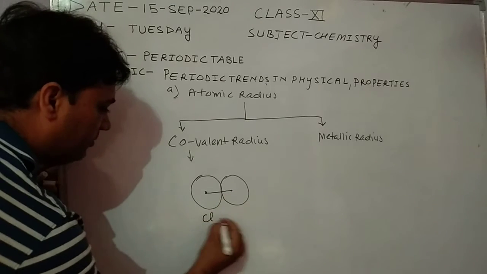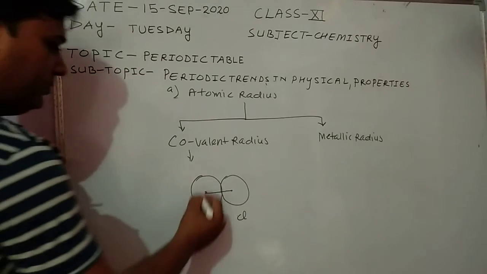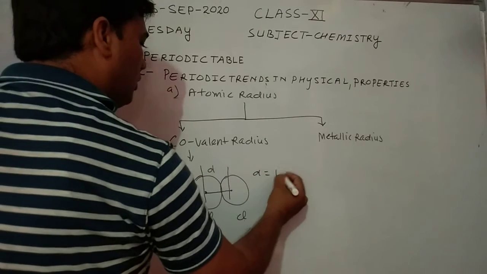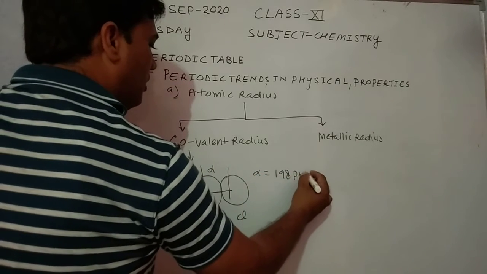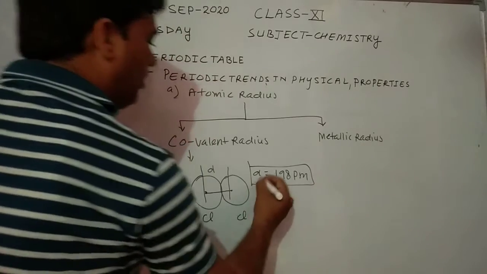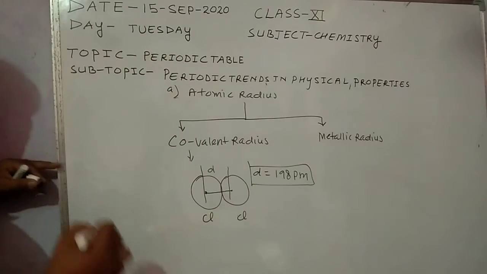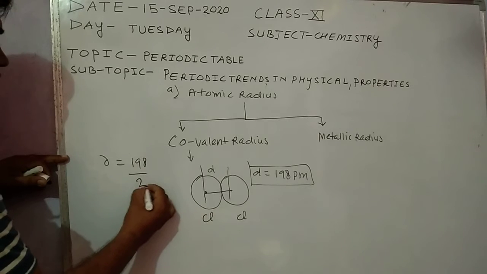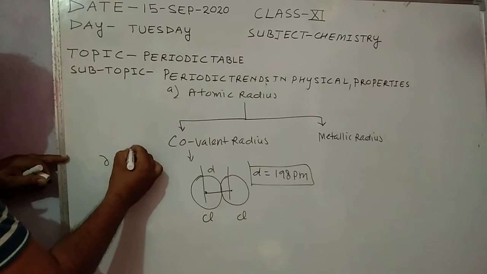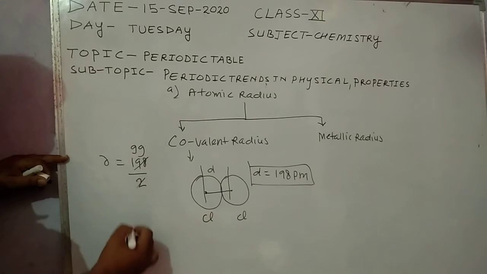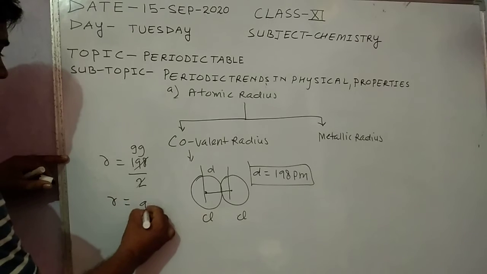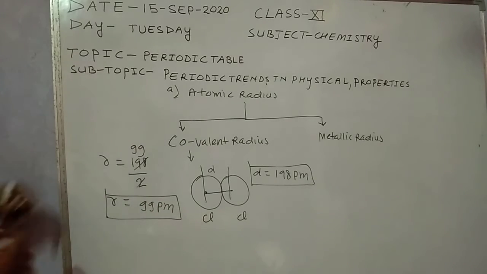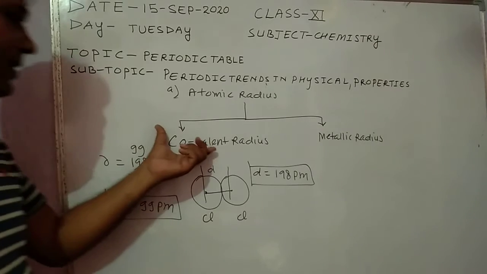This is a chlorine atom and this is another chlorine atom. The internuclear distance D is equal to 198 picometer, which is calculated with the help of the X-ray diffraction method. So radius is equal to 198 divided by 2, which is equal to 99 picometer.